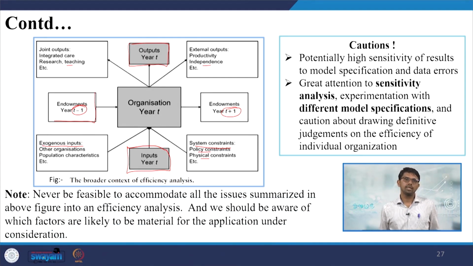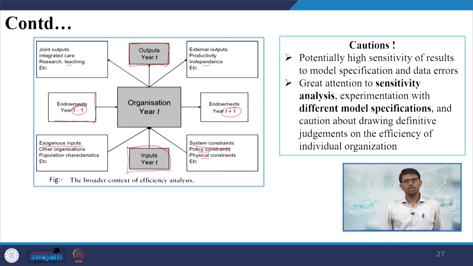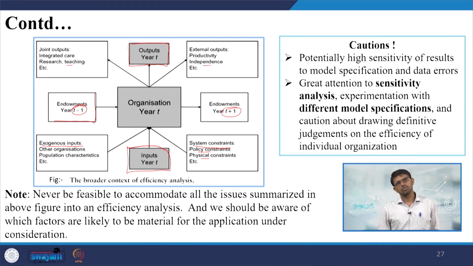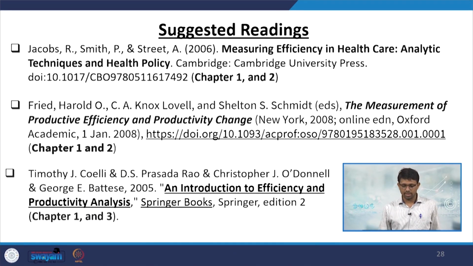It has to be noted that it will never be feasible to accommodate all the issues summarized in the above figure into the efficiency analysis, and we should be aware of which factors are most likely to affect the model for consideration. Okay, so these are all the very foundation to productivity and efficiency analysis.